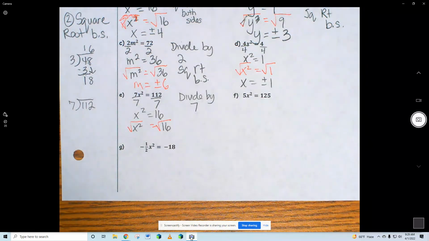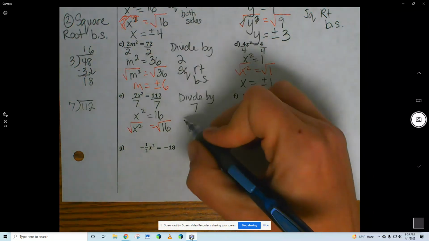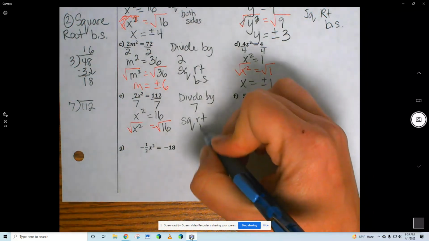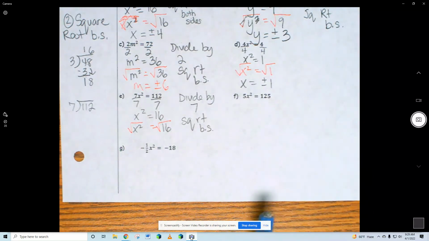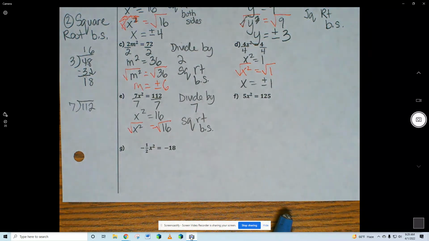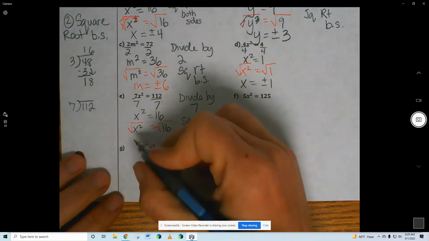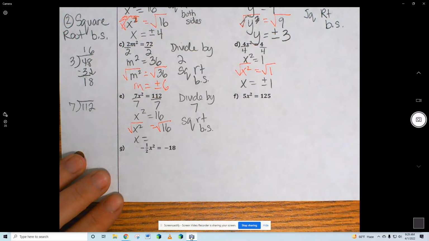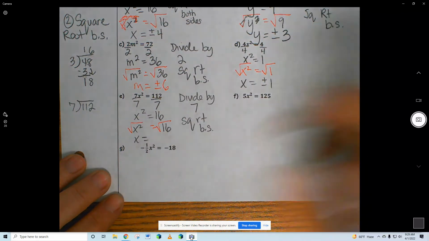Okay, so you square root both sides. SQ RT BS. Lots of abbreviations for me. It's easier. I like abbreviating. x equals, what's the square root of 16? And plus or minus 4.